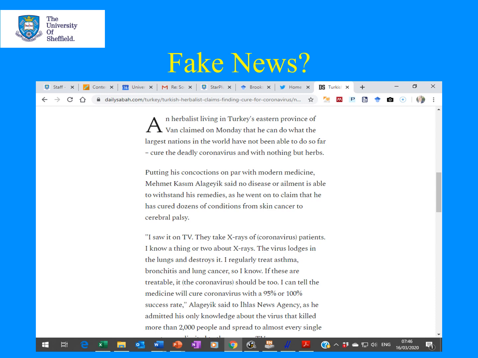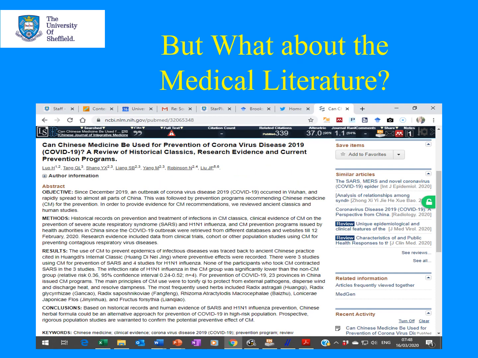In this particular case, this is from a media site, and so we perhaps start criticizing the content on the basis of the source, but this picture becomes more complicated when we have the medical literature, and we're looking at evidence to see whether the treatments advocated or at least examined in the medical literature can have the potential to make a difference.